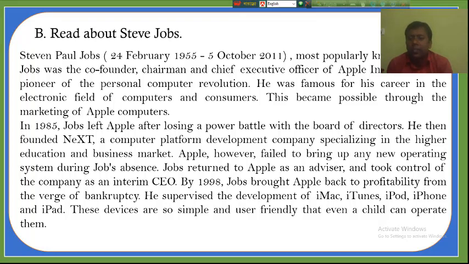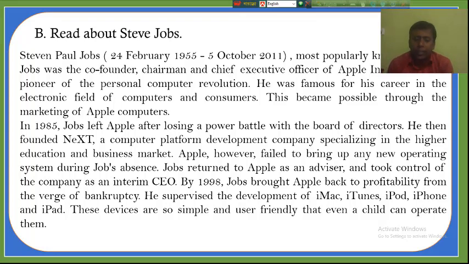Apple, however, failed to bring up any new operating system during Jobs' absence. Jobs returned to Apple as an advisor and took control of the company as an interim CEO.